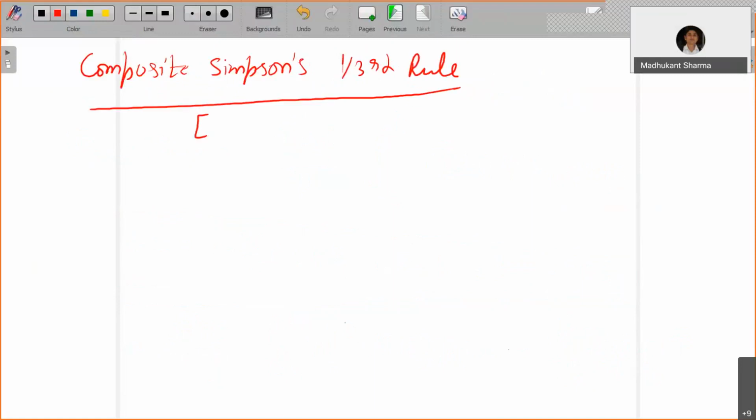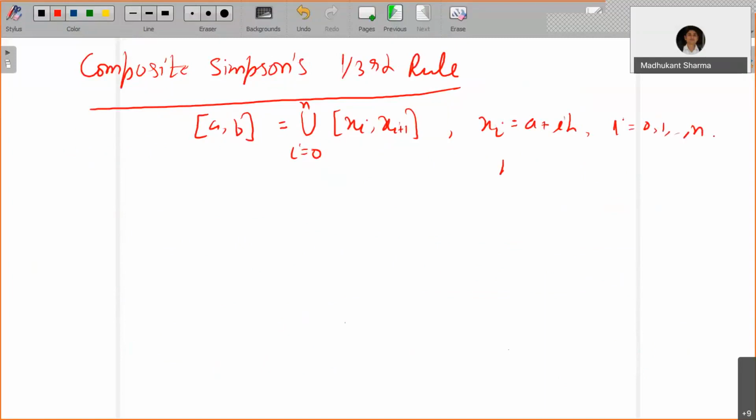So you are subdividing a to b into the subintervals xi to xi plus 1 with i equals 0 to n, with xi equal to a plus ih, i equals 0, 1, 2, up to n, h equal to b minus a by n. And then on every interval you are applying Simpson's 1/3 rule, and then you can write the composite.